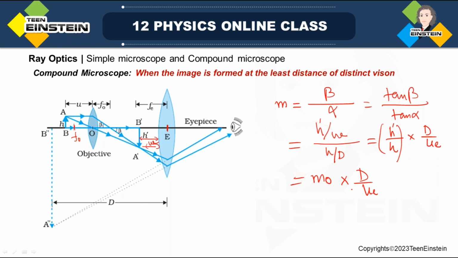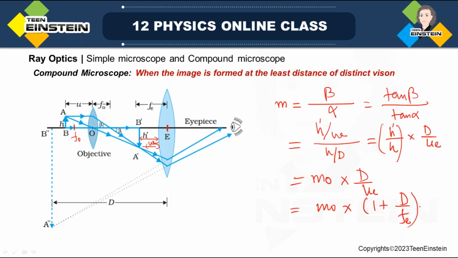Now we have to find out what ue is, or what d by ue is. For a microscope at the least distance of distinct vision, we know for a simple microscope it will be 1 plus d by fe.